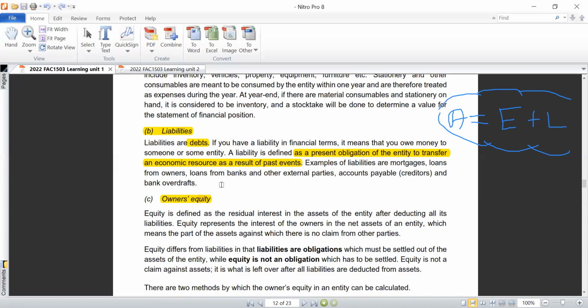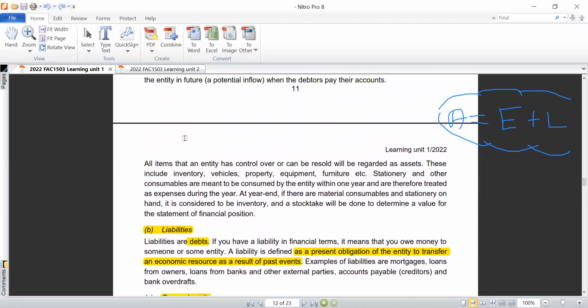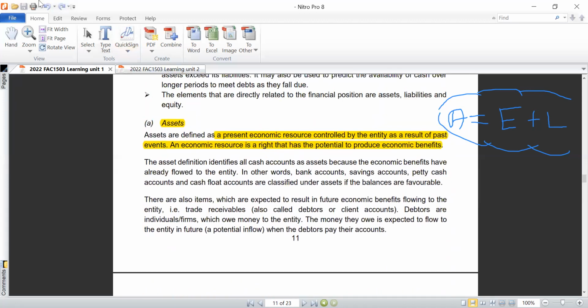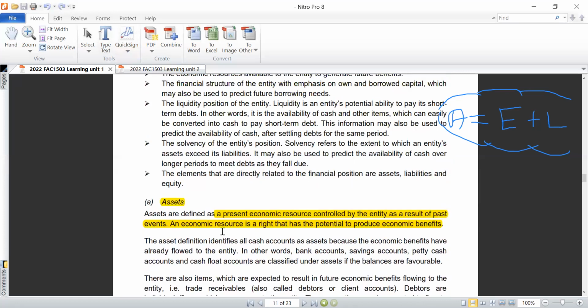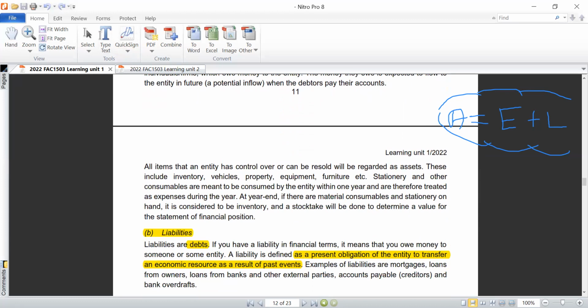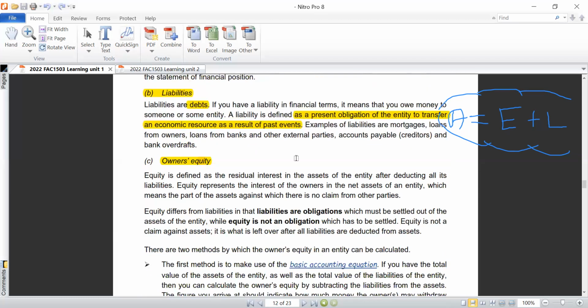So for today, I would leave it here, and when we carry on in our next lesson next week, we'll start from here. I've already prepared material on the elements of financial statements, which I'll share with you, and we would use that as we engage. But for today, let's end it here.